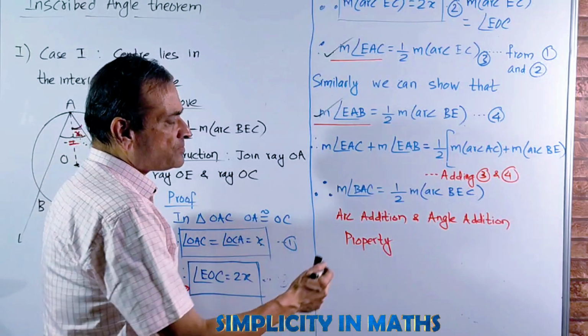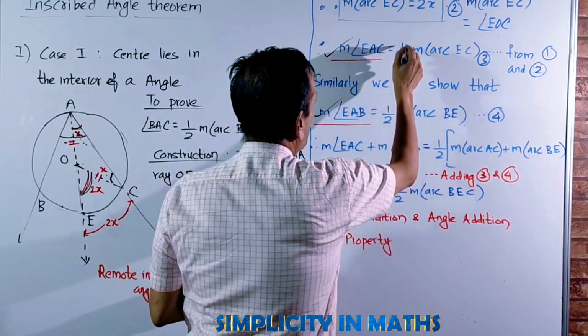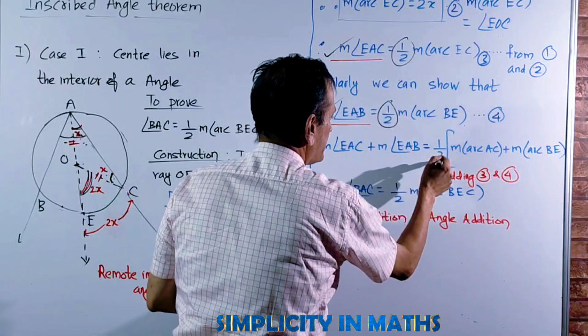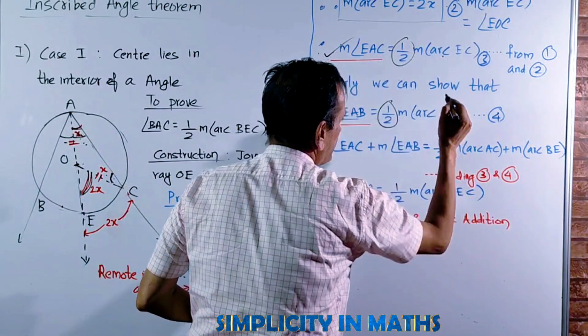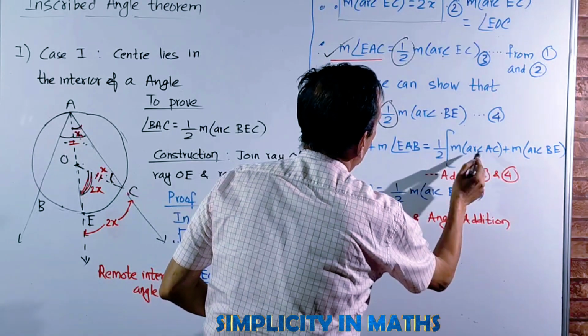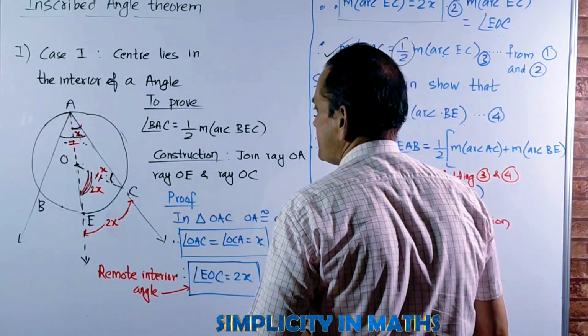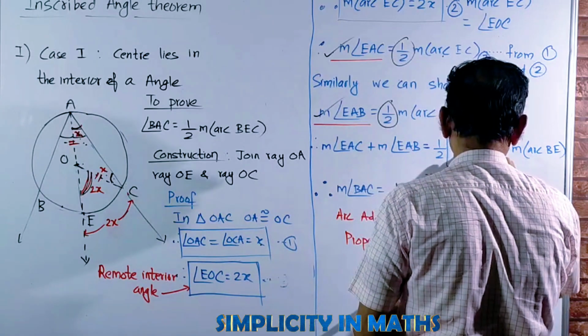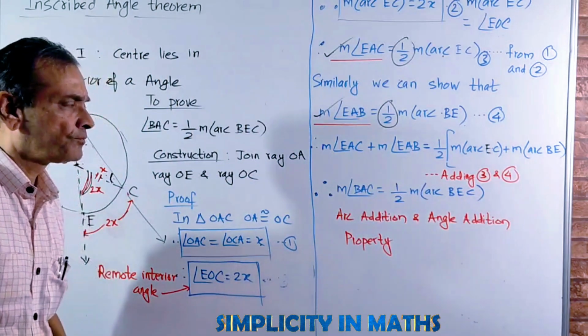Now when doing RHS plus RHS, I am taking half outside. So I took half common in both. So take half outside and add this RHS and this RHS: measure of arc EC plus measure of arc BE. We have added both. Clear?